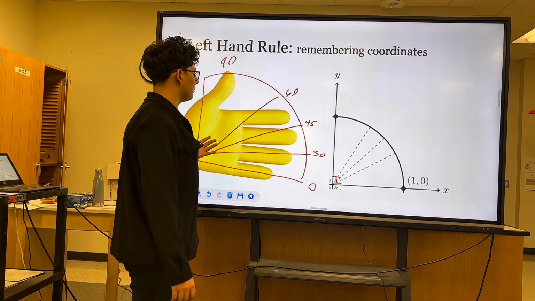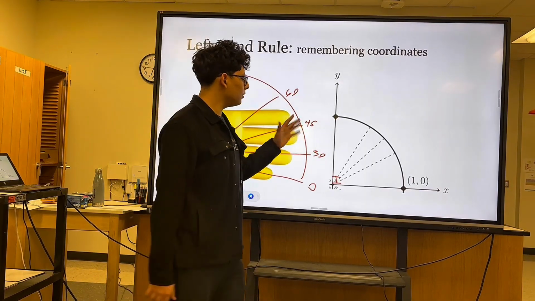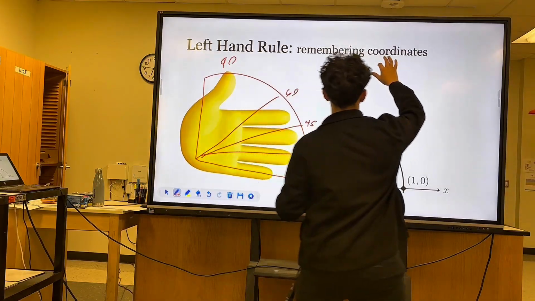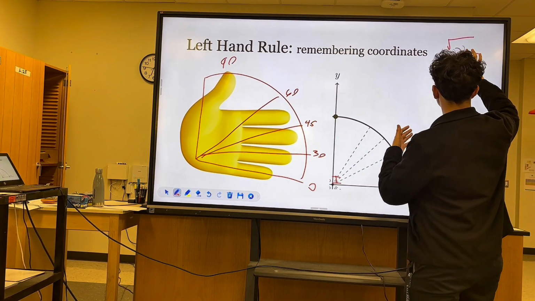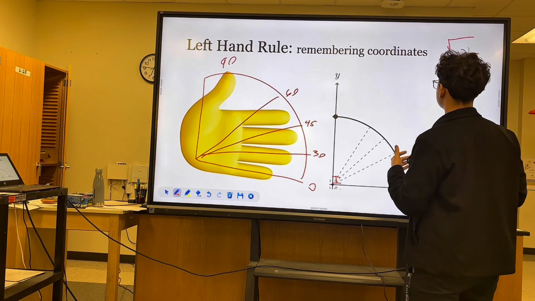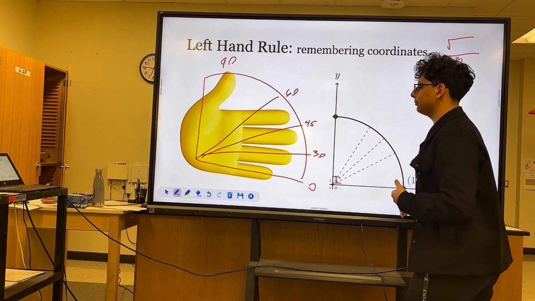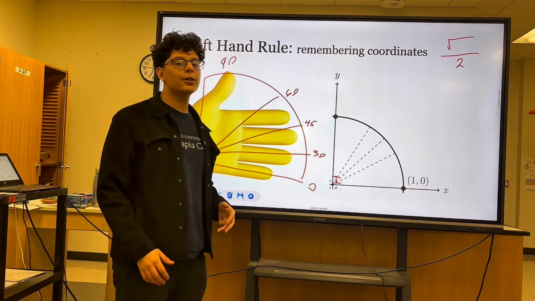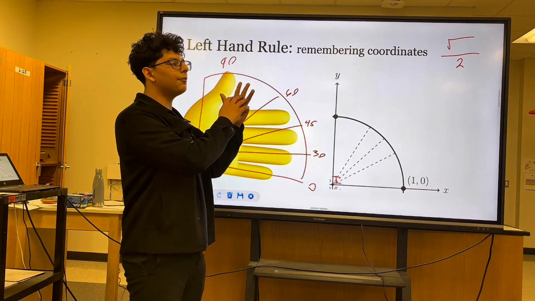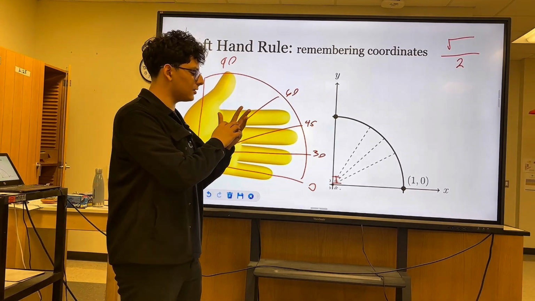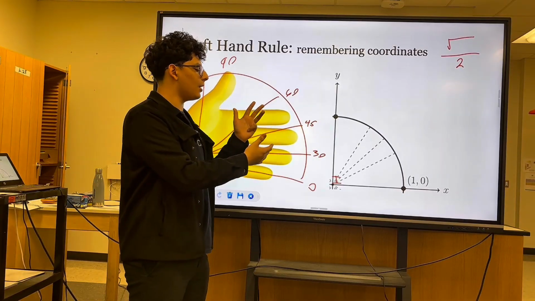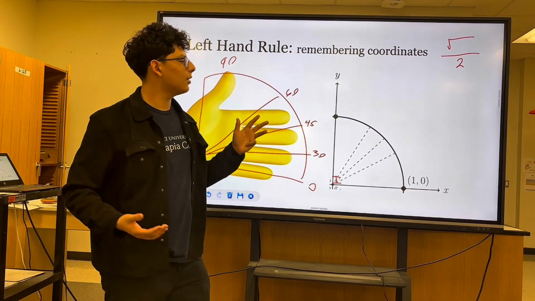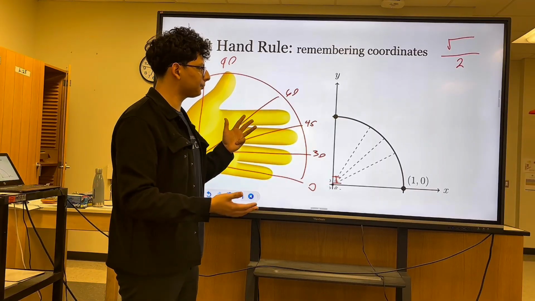So you might be thinking, how do I find the coordinates? Using your fingers, you can plug it into this formula. Let's find the coordinates for 0. The left fingers will represent the x-axis, or the cosine, and the right fingers will represent the y-axis, the sine.